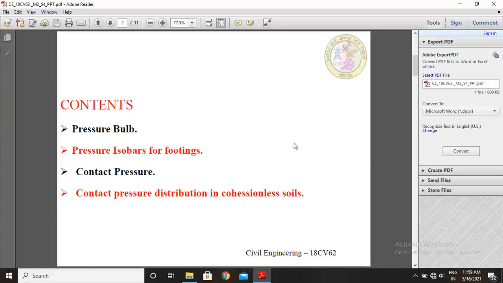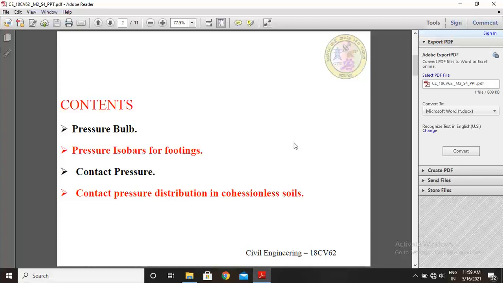Contents. Today's session 4 contents are pressure bulb, pressure isobars for footings, contact pressure distribution in cohesionless soils.